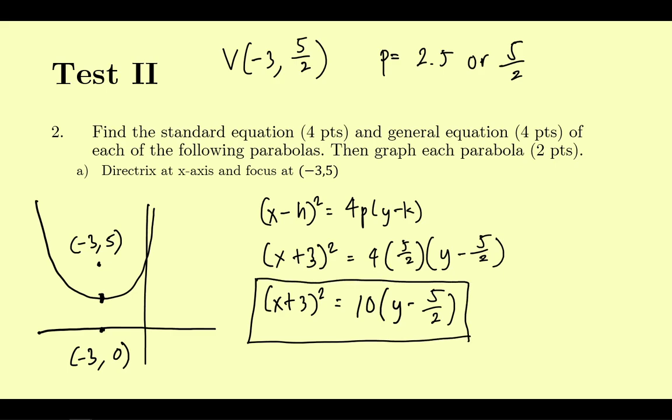Or you can expand this into x plus 3 squared is equal to 10y minus 25. Right, 2.5 times 10 is 25. So that means this is also possible. This can be accepted as the standard form or standard equation of your parabola.